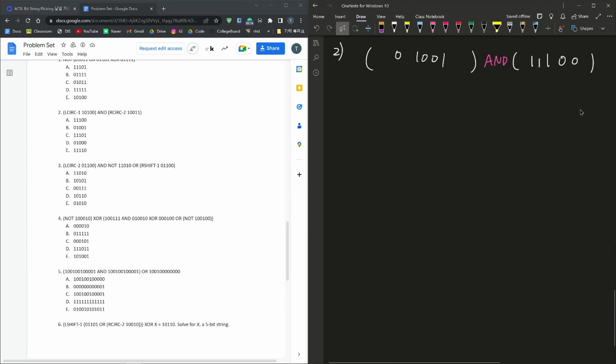Okay, now we have 01001 and 11100. Remember the shortcut for AND, just multiply the digits. If we go ahead and do that, we get 01000. So that's our answer, which gives us D as the correct answer.